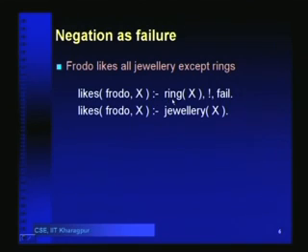If x is a ring, then Frodo does not like it, right. So, if you ask likes Frodo ring or likes Frodo x where x is a ring, then it is going to first check this and immediately say fail, he does not like it, right. Otherwise, if x is a jewelry, then Frodo likes it.